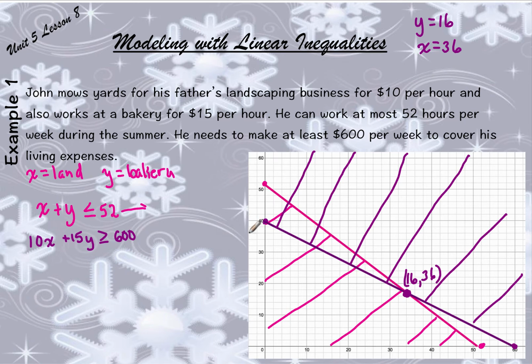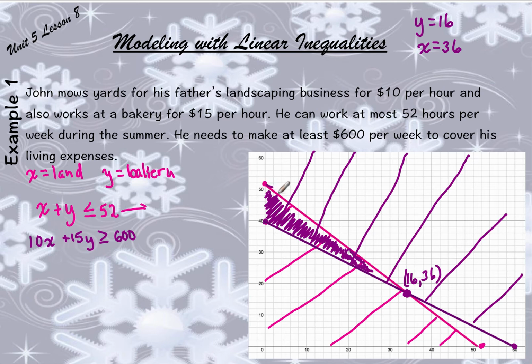You can probably hear the dogs barking as usual and running. But remember, any point in here is okay. These can be any one of John's working conditions because anything in here crosses, so therefore they're answers.